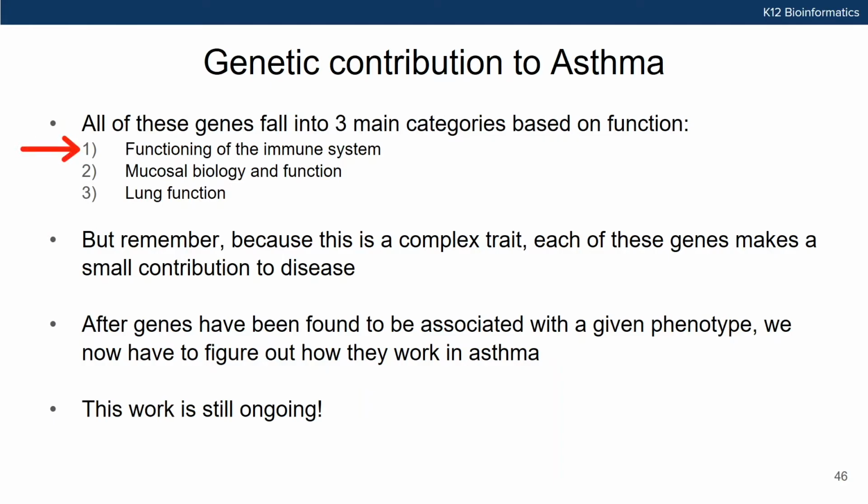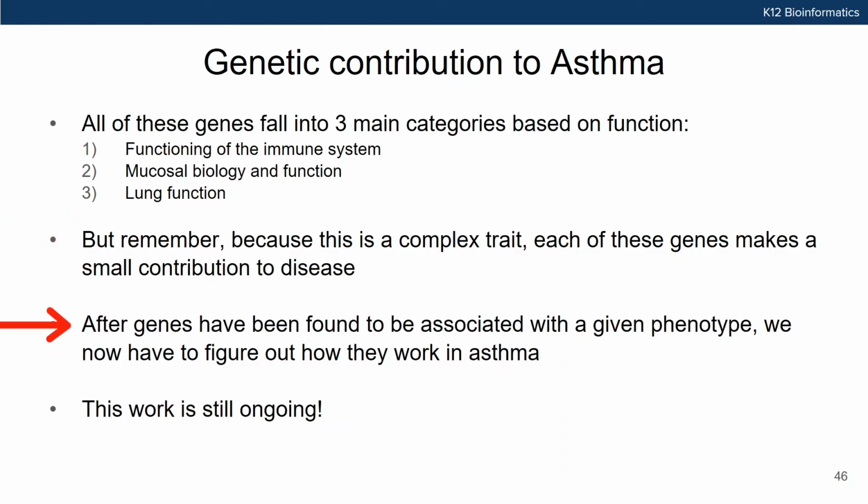These include things like functioning of the immune system, mucosal biology, and lung function, all things that make perfect sense when thinking about the asthma phenotype. But remember, because this is a complex trait or a polygenic trait with a number of genes contributing, each of these genes makes a fairly small contribution to the overall disease phenotype.